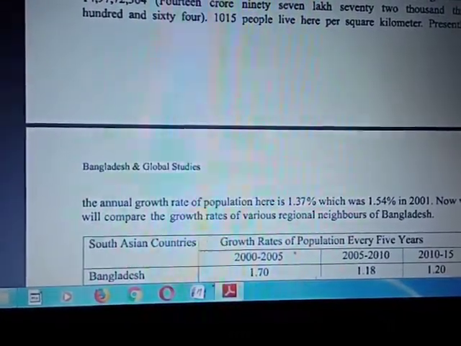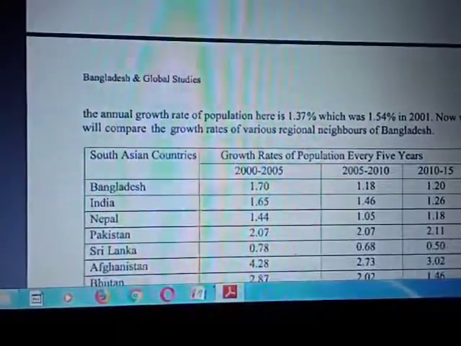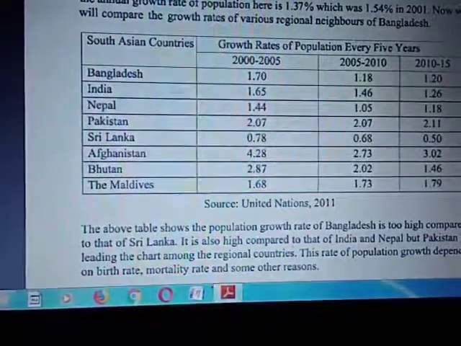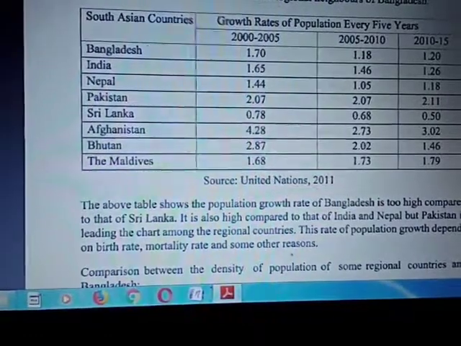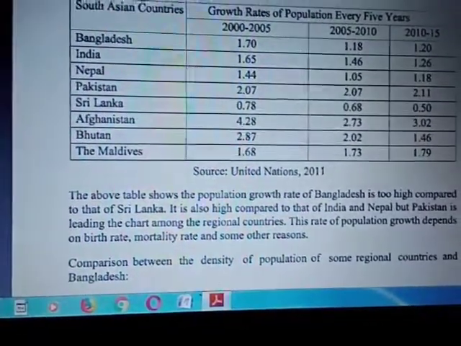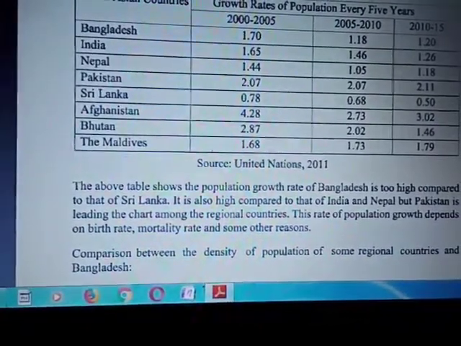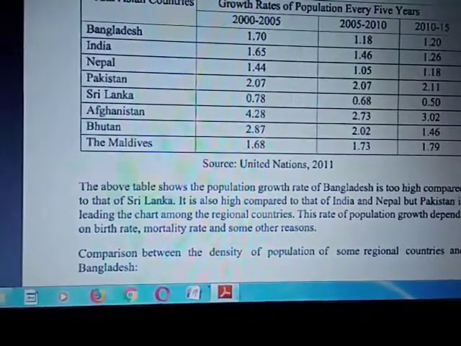1,015 people live here per square kilometer. Presently, the annual growth rate of population here is 1.37%, which was 1.45% in 2001. You see a table is given there.